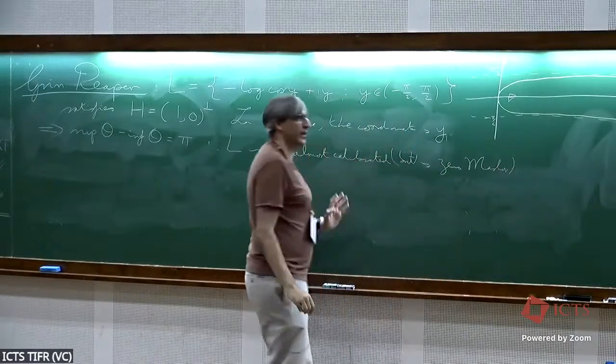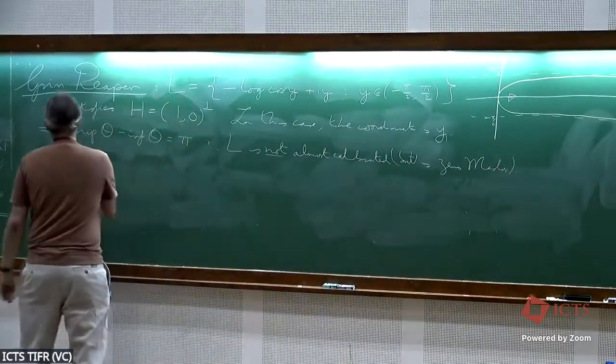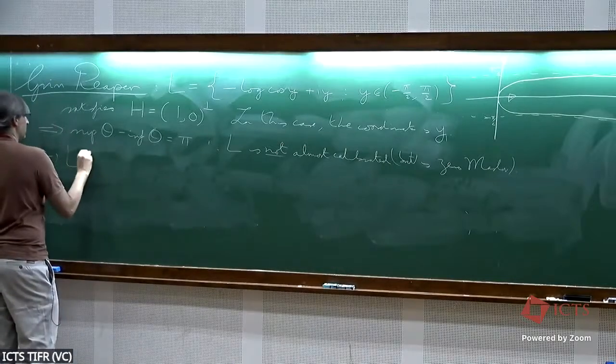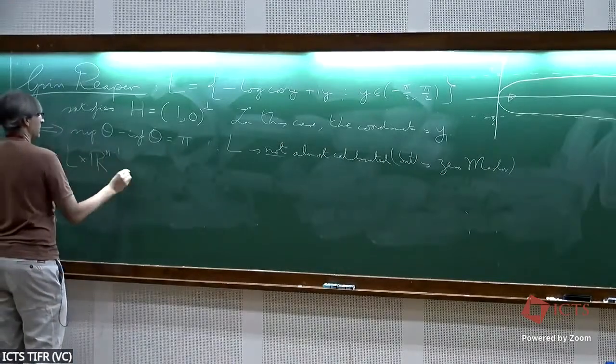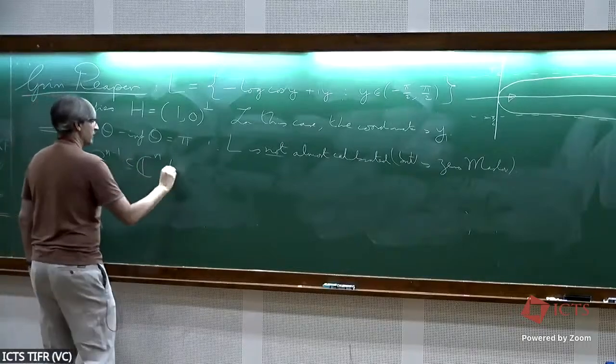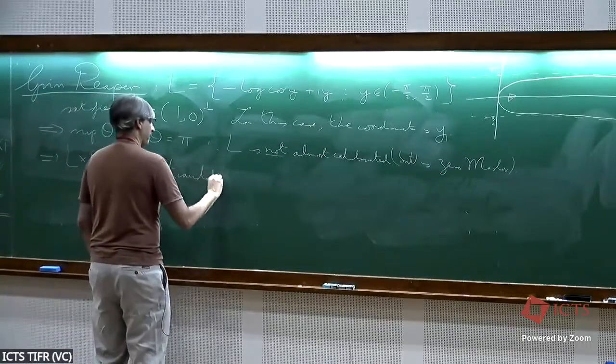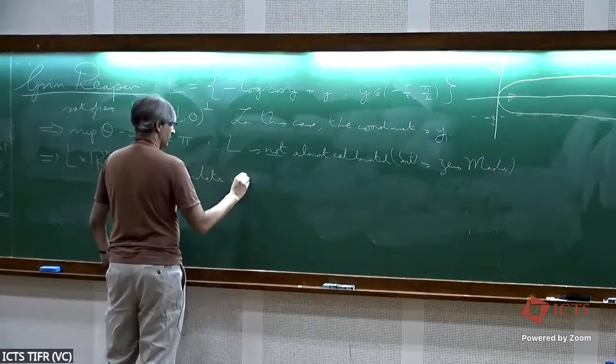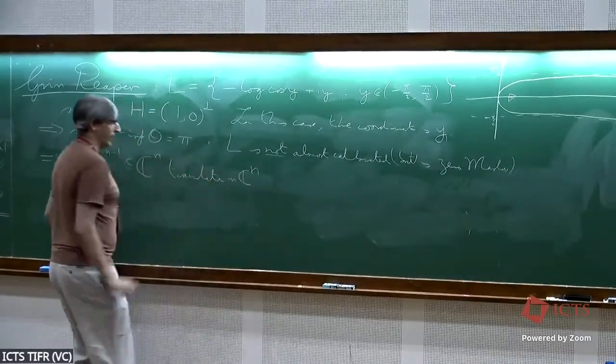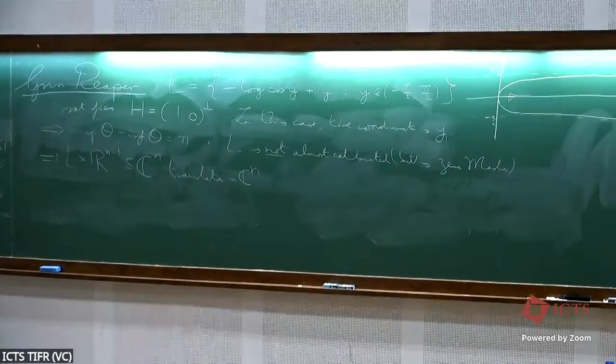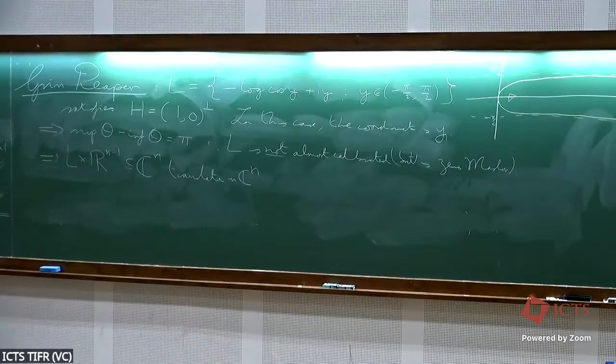And of course, you can get translators then in all dimensions. If you do L times R^(n-1), this is now a translator in C^n. But these are not almost calibrated, okay? So if we impose the almost calibrated condition, these could never show up as a singularity model. These could not show up as a type 2 blowup. It would be impossible because the almost calibrated condition is preserved.